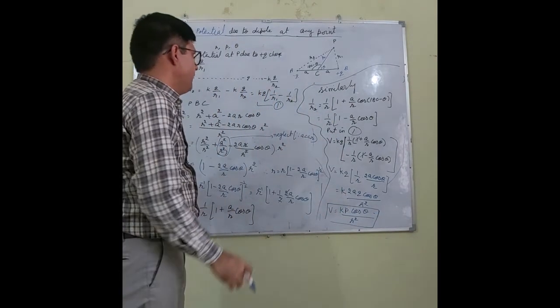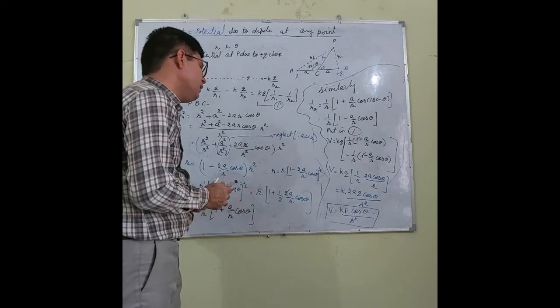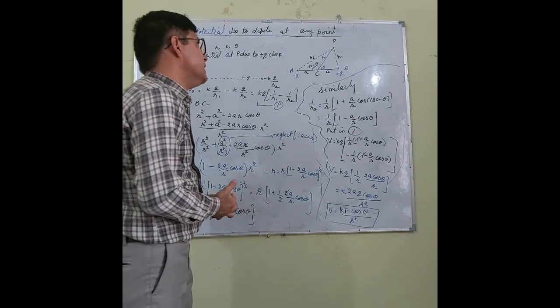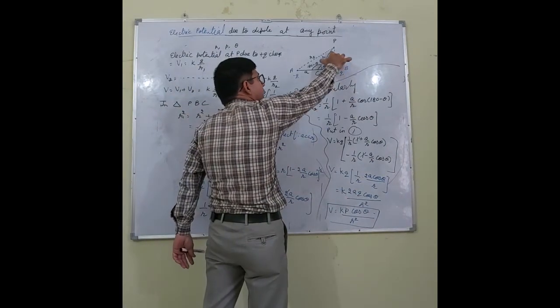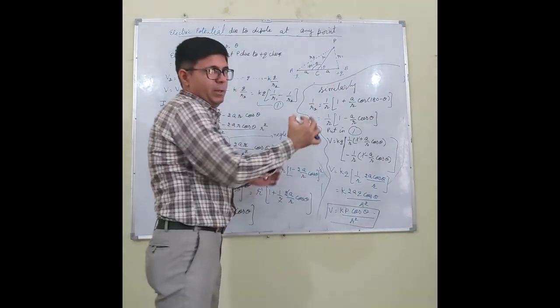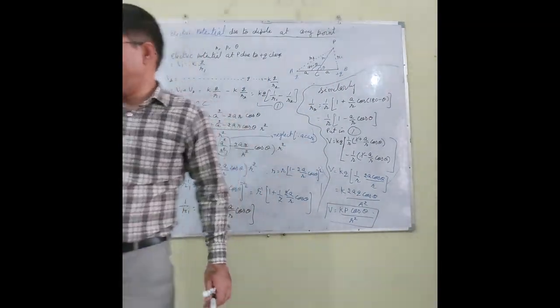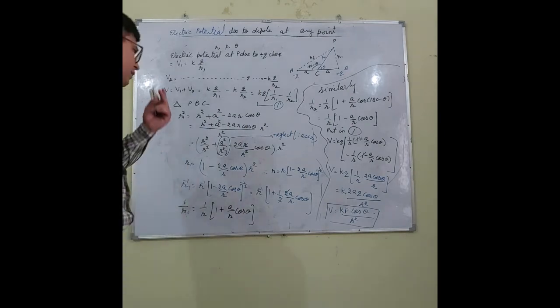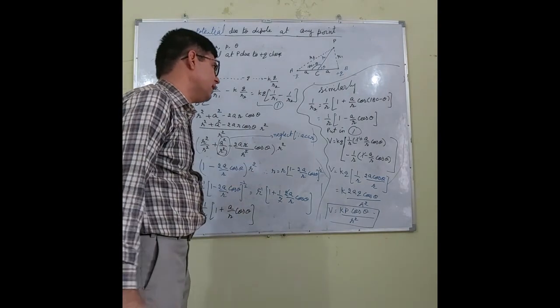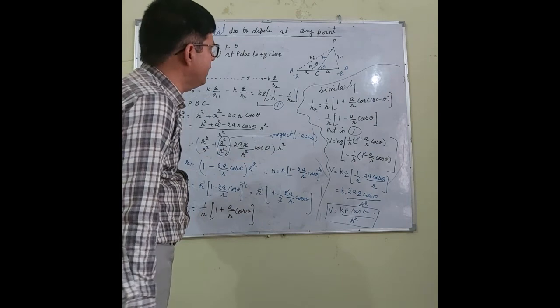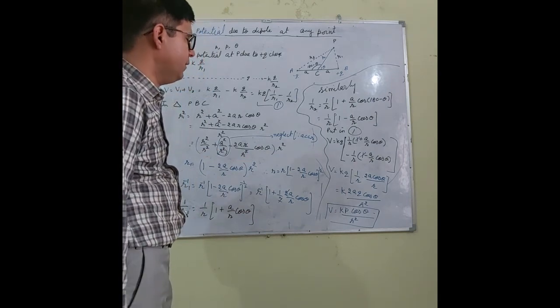So in this way we can calculate the electric potential at point P due to this dipole.